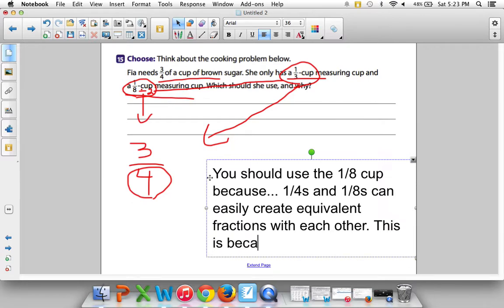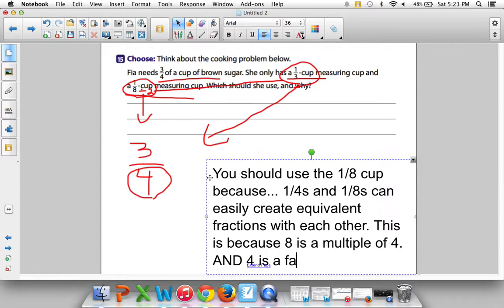This is because 8 is a multiple of 4, and 4 is a factor of 8.